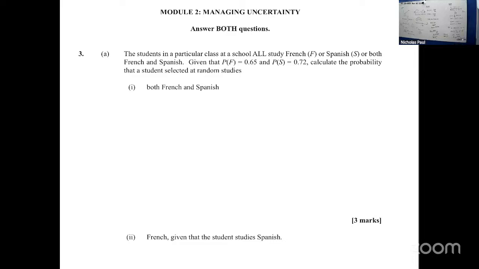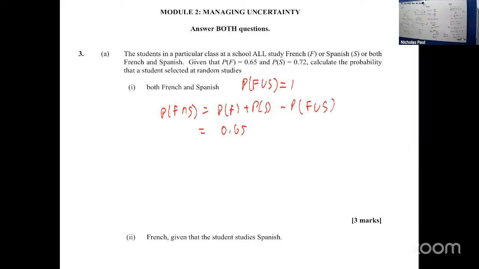So the probability of F union S is 1. So the probability of F and S will be the probability of F plus the probability of S minus the probability of F union S. So that's 0.65 plus 0.72 minus 1. How much is that?